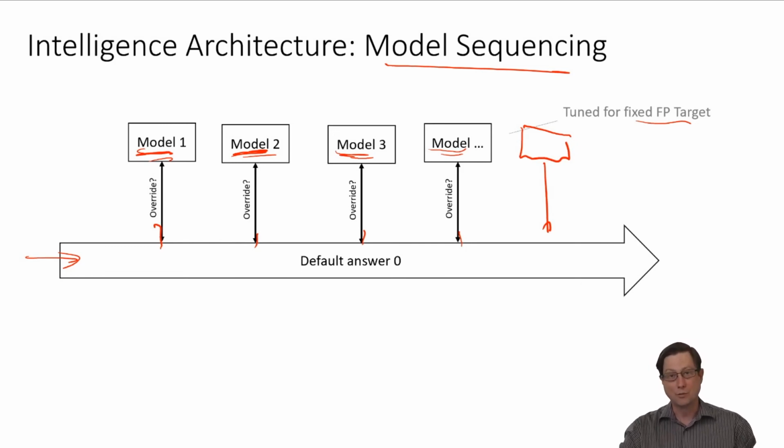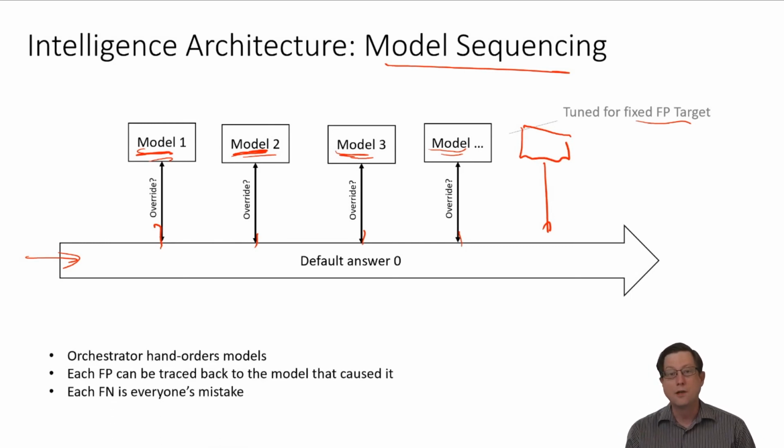As the person running this overall system, if anyone starts violating their false positive target, you can measure it very quickly, you can kick them out. And remember, we talked about orchestration, and those are the people who run a system day in and day out and tweak and tune all the models and control the architecture. Well, this is where an orchestrator would be involved. And they'd be responsible for making sure that these models play well together.